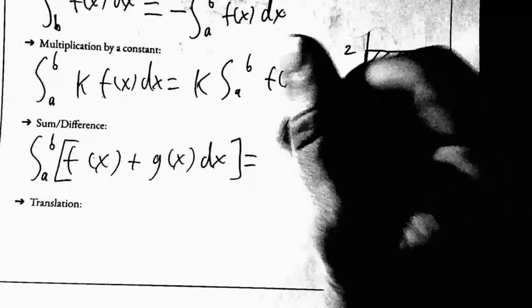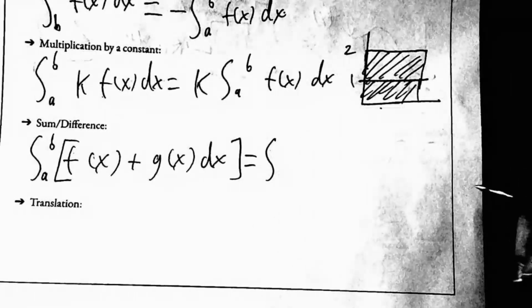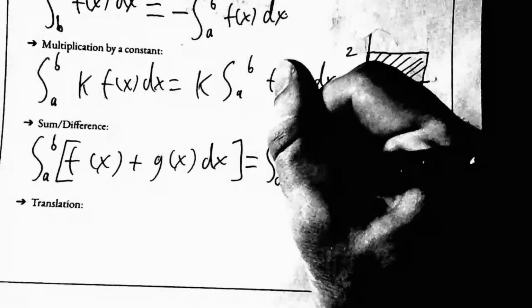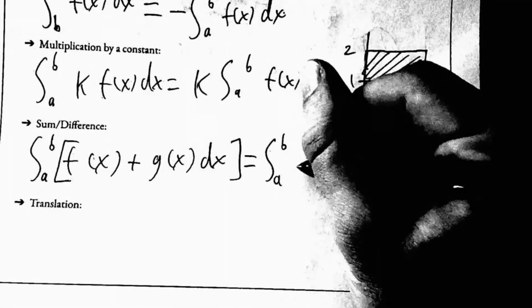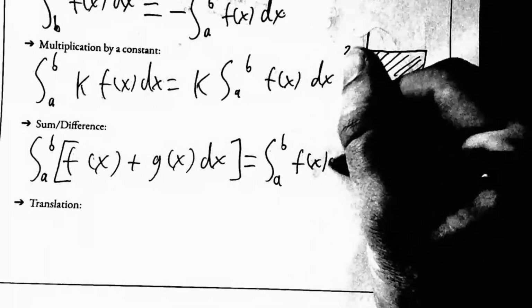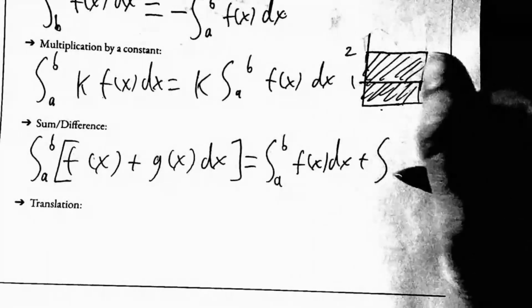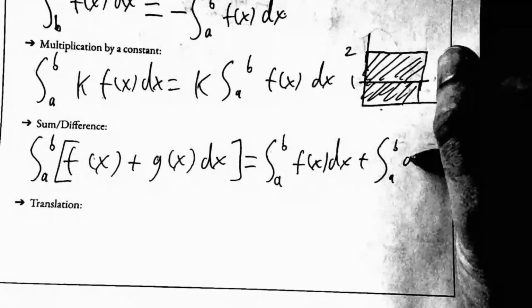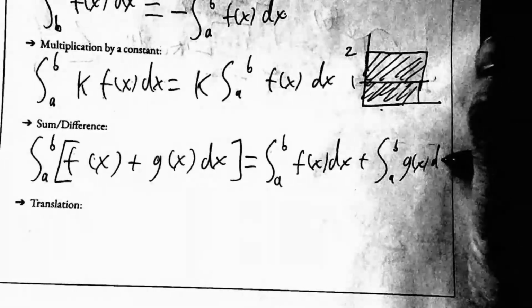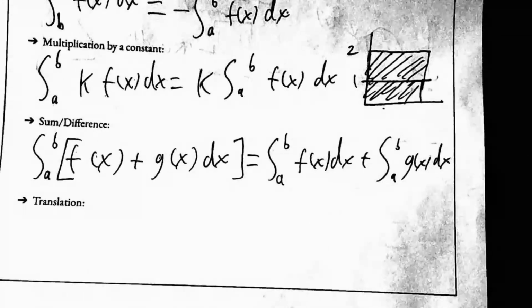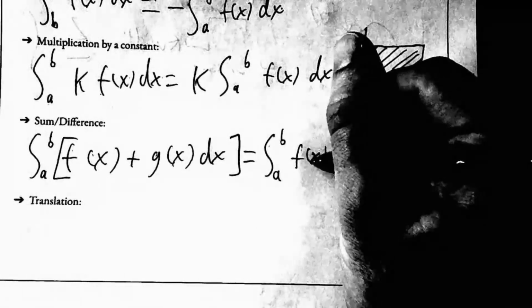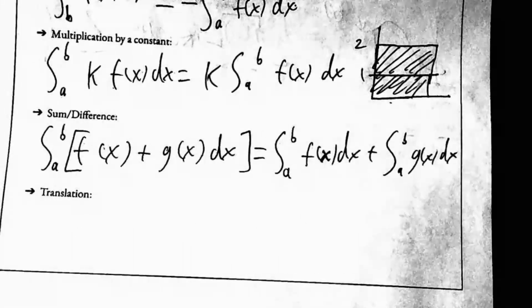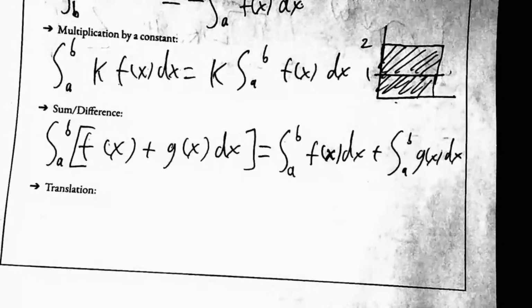So again, very useful for solving integrals. You want to simplify things, make things easier to deal with. We can write this as two separate integrals. So it'd be the integral of f of x dx plus the integral a to b of g of x dx. It makes it easier if we can separate them, or maybe we want to combine them to make it easier. It will depend on the situation.